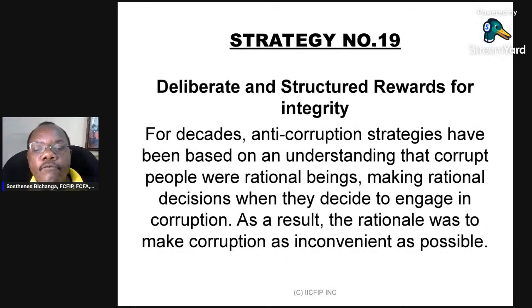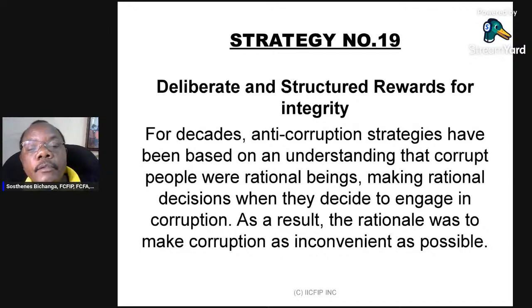Awards as a form of incentive are amongst some of the tools that can be considered when designing strategies meant to help curb corruption through behavioral changes.